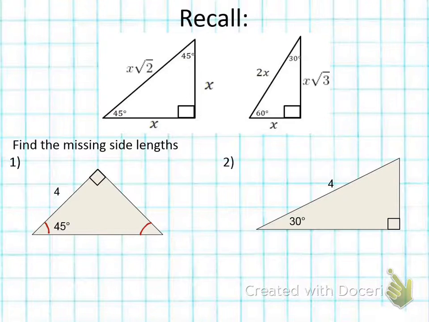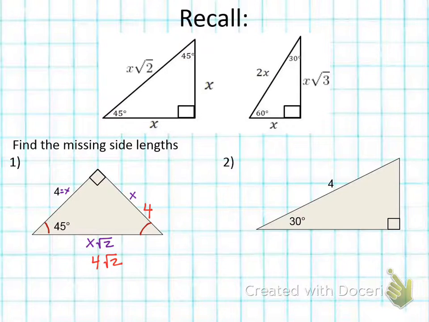So we have the 45, 45, 90 triangle here. We remember for these that the two legs are both x and the hypotenuse is x root 2. So this leg over here must also equal 4, since x equals 4 from the first leg. And the hypotenuse must be 4 root 2.